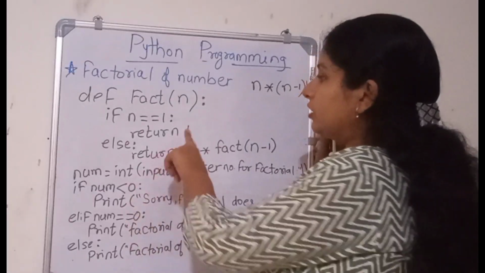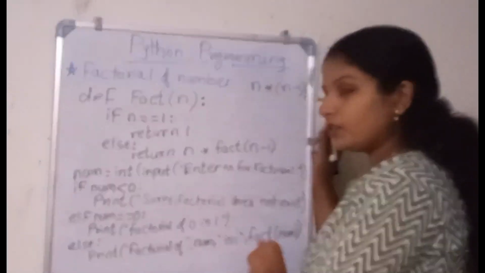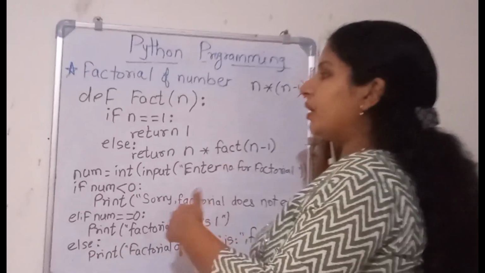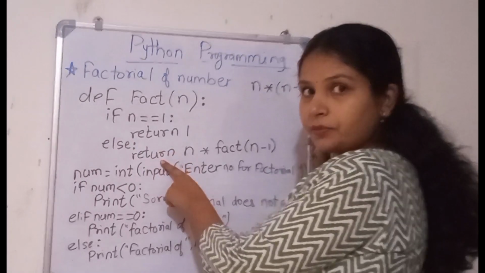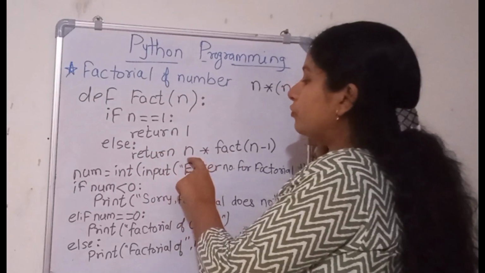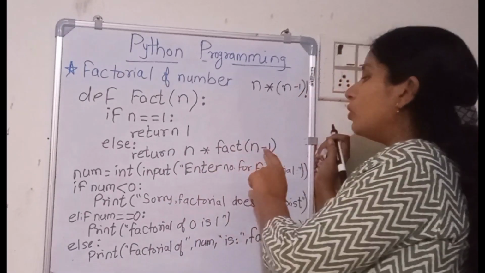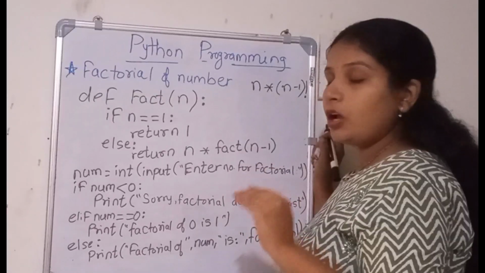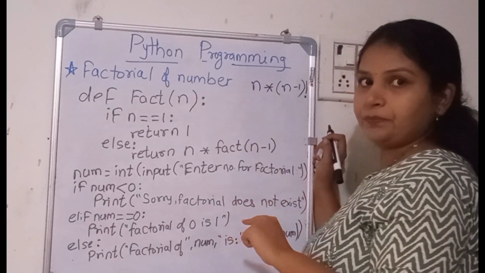That's it. This 1 will be returned here and factorial of 1 is 1 will be displayed in the output part. But if it is not 1, then you are going to the else part. Then you are returning first your n value, the original number, into, again you are calling the same function because you keep decrementing the value by 1. So fact of n minus 1, again and again repeatedly.